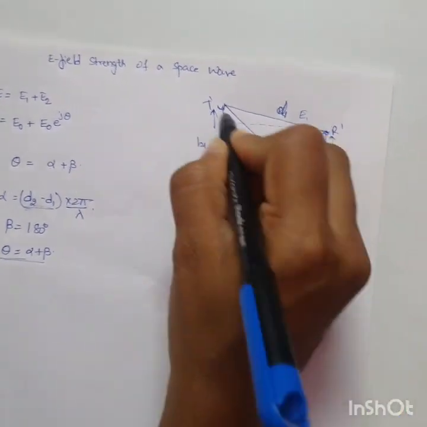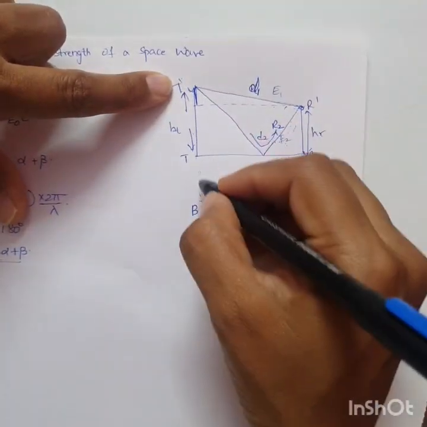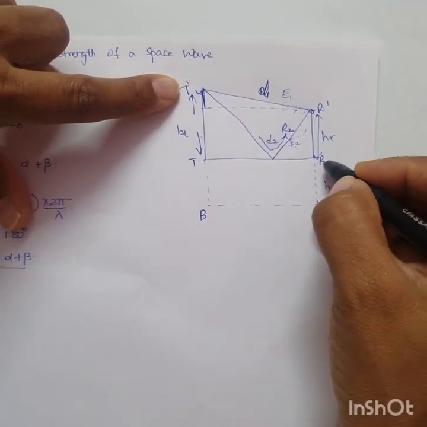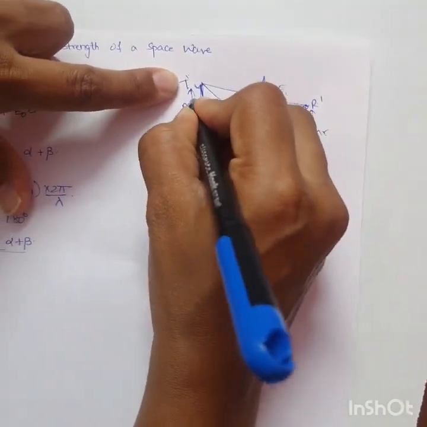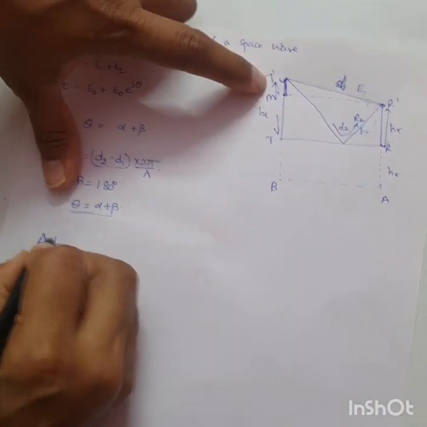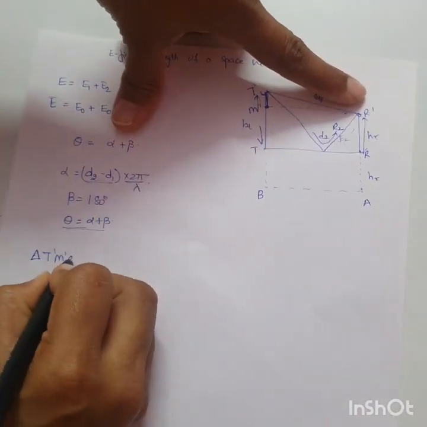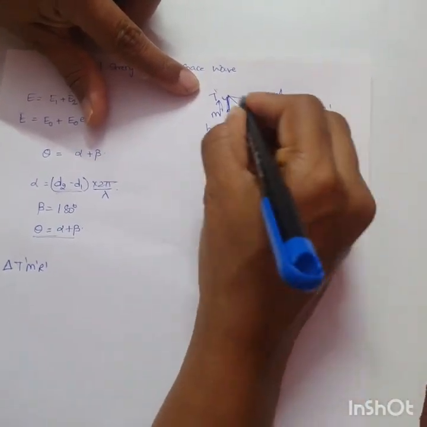Let us say this is T prime, and this is T, this is R prime, and this is R, and we will say this point is M prime. Now consider the triangle T prime, M prime, and R prime. This is a right angle triangle.